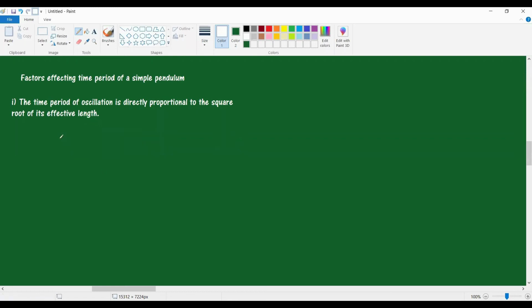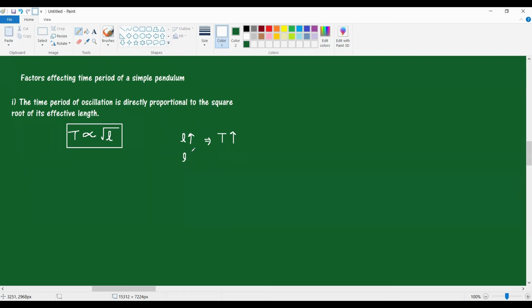It means the observation we have found is that the time period of simple pendulum is directly proportional to the square root of the effective length of the pendulum. Simple. It means if we increase the length of pendulum, time period will also increase.